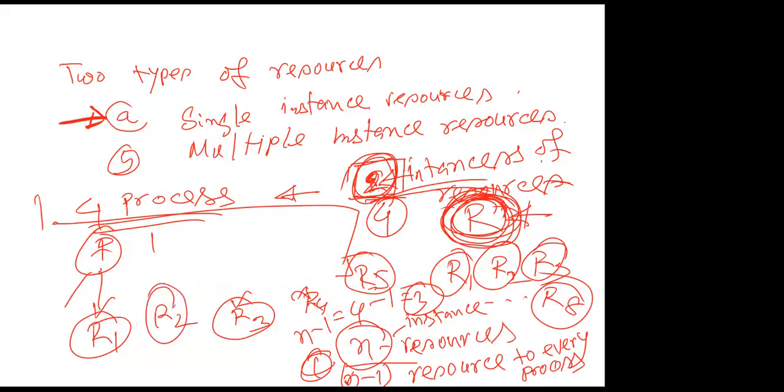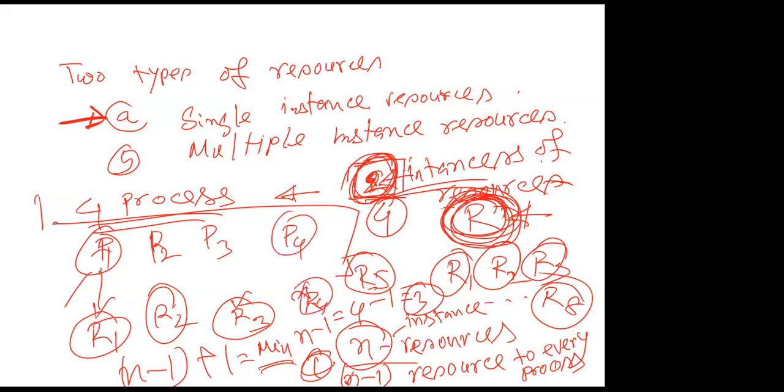From here you can see that n-1, whatever the instances required, plus 1 will give you the minimum number of resources for avoiding deadlock. But if you have only 4 resources, R1, R2, R3, and R4, and the processes P1, P2, P3, and P4 have already occupied all of these 4 resources, then there is a deadlock.